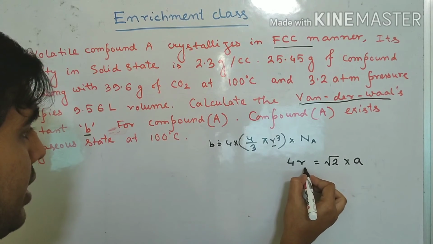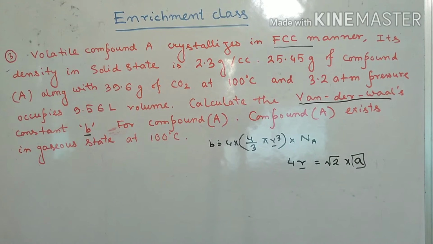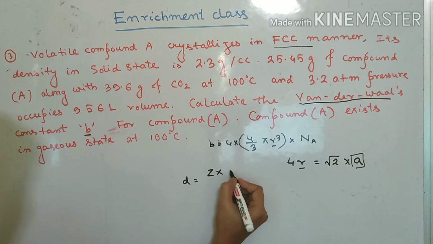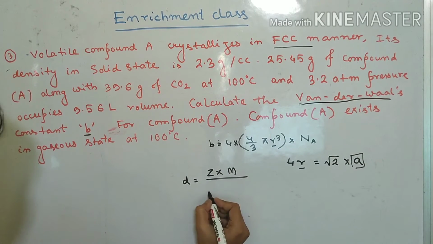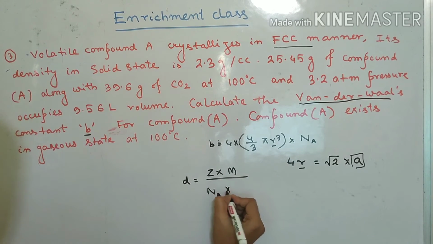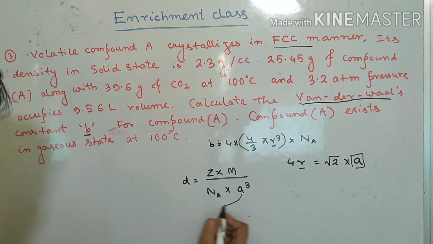So in order to get R, now you have to get A. A is not given. How will you get A? You have to use this formula, Z into M divided by N A or N0 whatever into A cube. So we can take it over here.